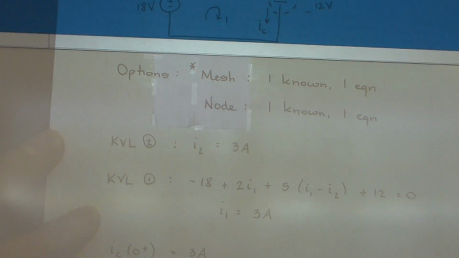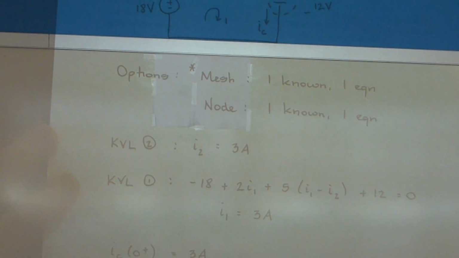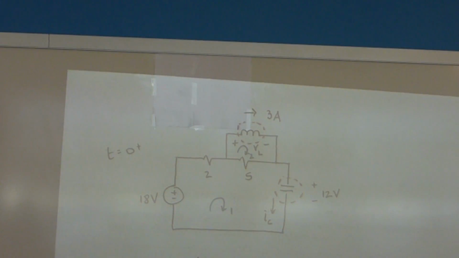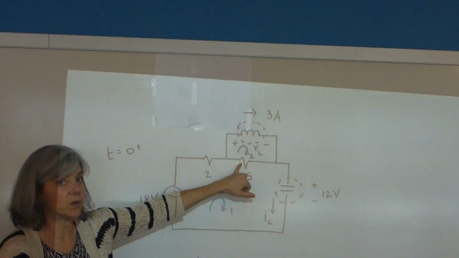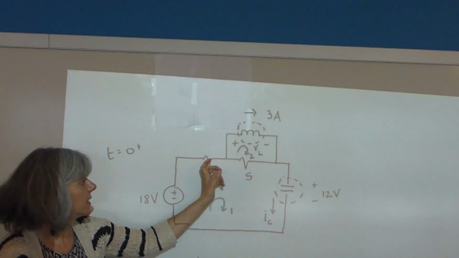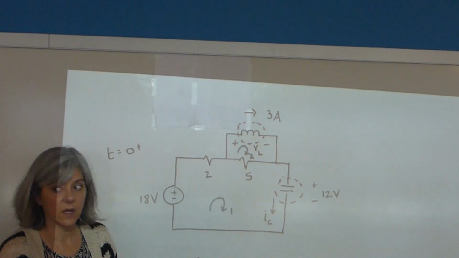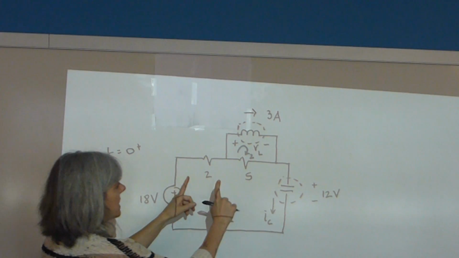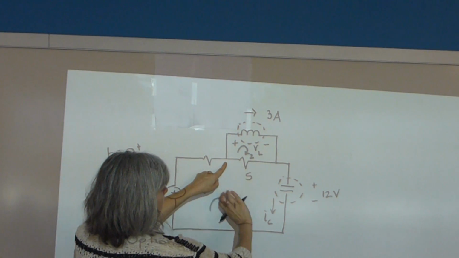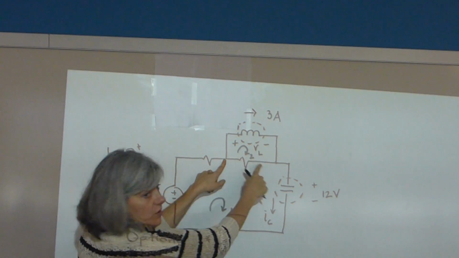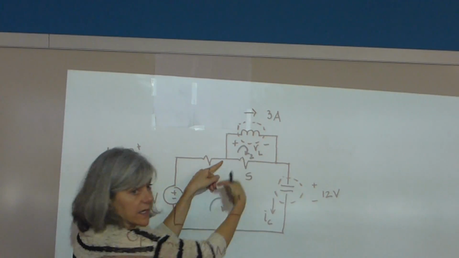V sub L, what's that? It's the voltage across the 5 ohm. It's going to be I1, and I'm dropping in this direction, so I1 minus I2.